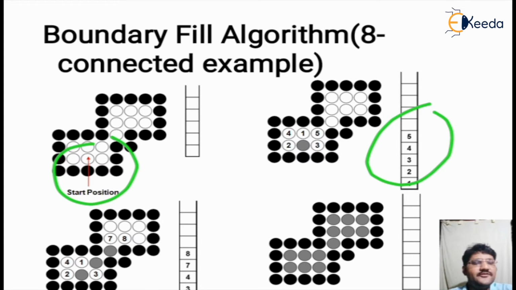So pixel number 5 will be popped from the stack and set with that color. After that, the neighbors of the colored pixel will be stored again in the stack, the top element will be popped from the stack, and again we find its neighbors. This process continues till all pixels are colored or the stack is empty.